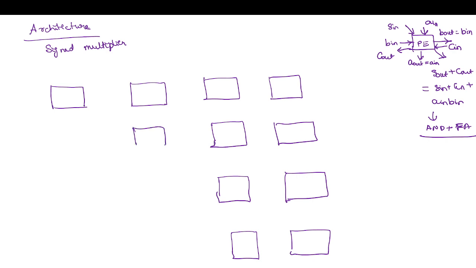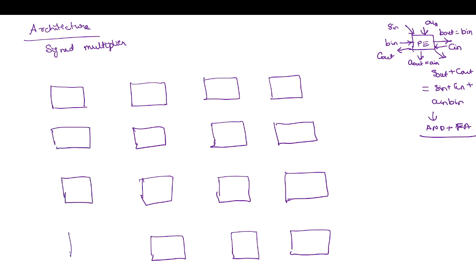Here each processing element will not be accessible, but the A in and B in will be propagated. Like A0 from here, A0, B0, A3, A2, A1, B1, B2, B3.